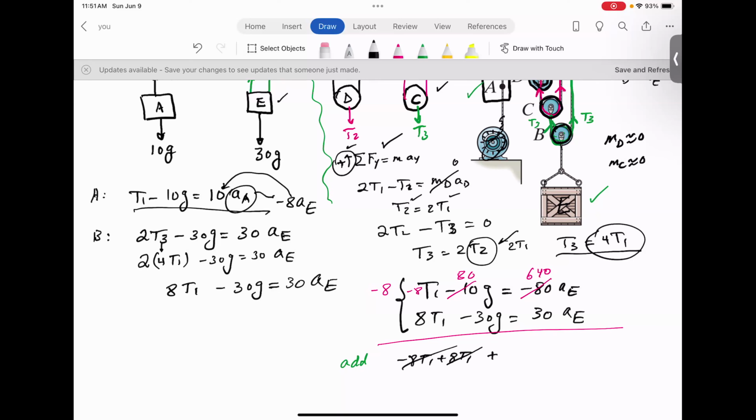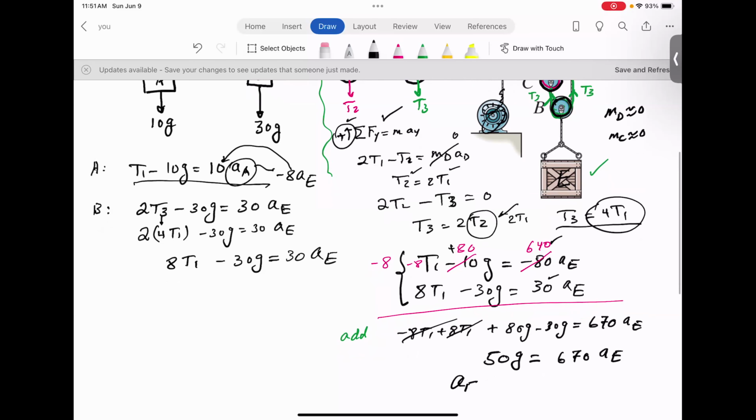We have plus 80G, right, became positive, minus 30G equal what? 640 plus 30, 670 acceleration of E. So 50G, remember G is 9.81, 670 acceleration of E.